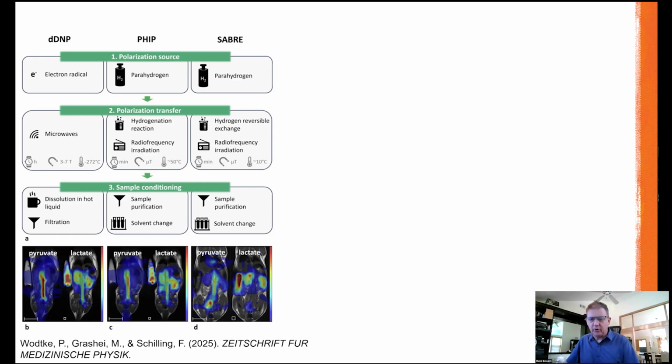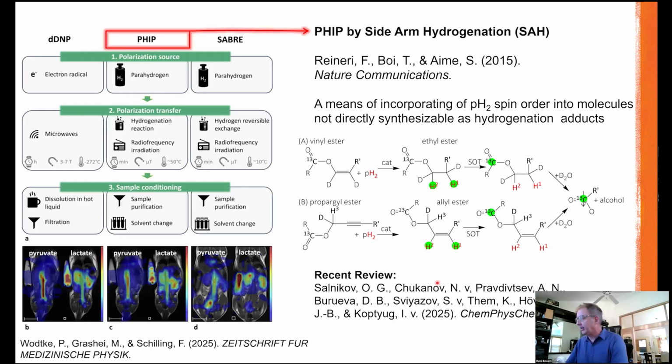This talk will focus on PHIP based on the sidearm hydrogenation method, which was introduced by Reineri, Boi, and Aime in 2015, and has been recently reviewed by the paper at the bottom of the slide.